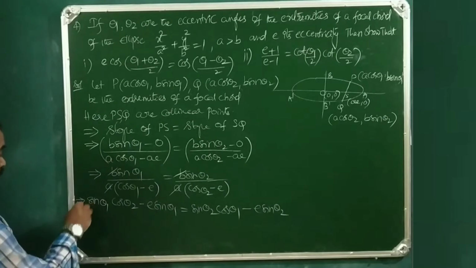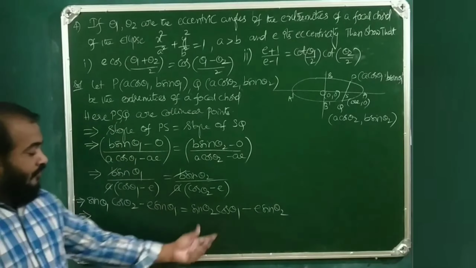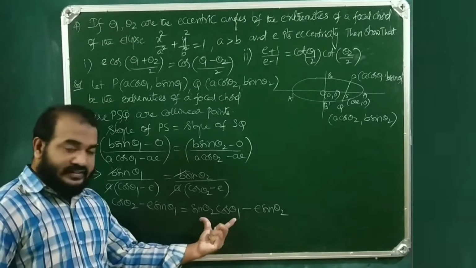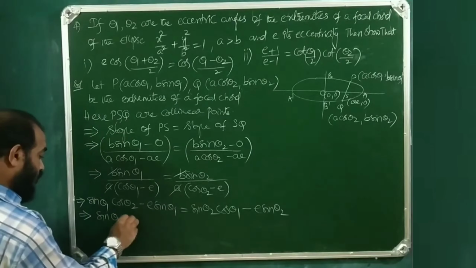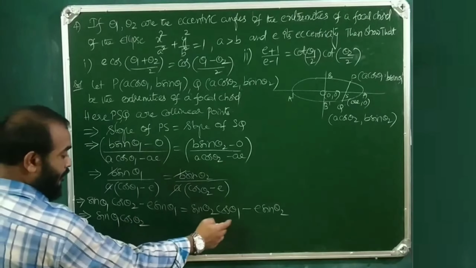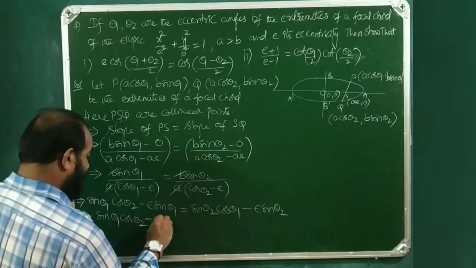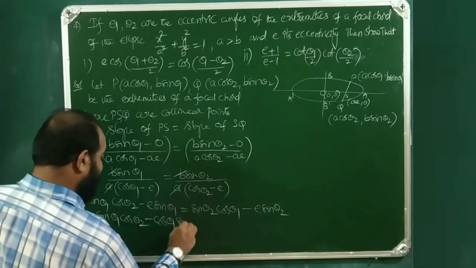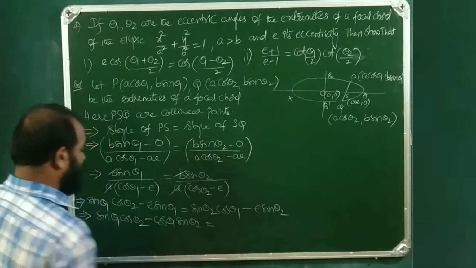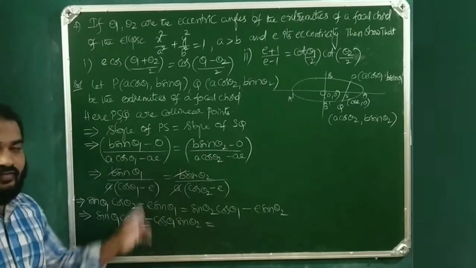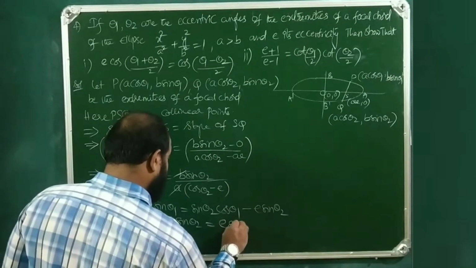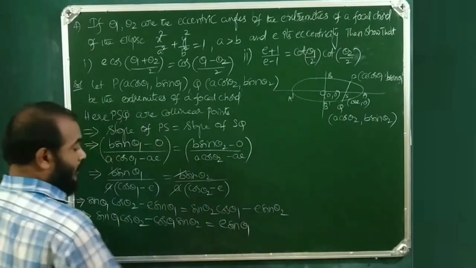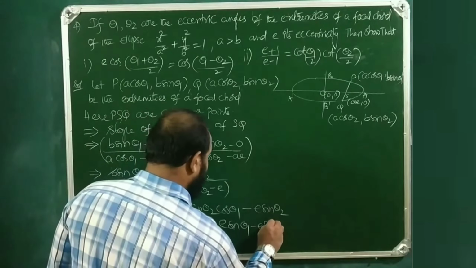If you bring this onto the other side, sin theta 1 cos theta 2 minus cos theta 1 sin theta 2 is equal to, taking to the side, e sin theta 1 minus e sin theta 2.